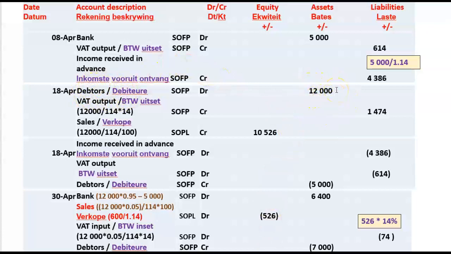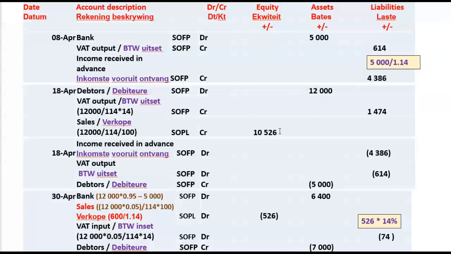That is the cost of the party, VAT inclusive. We're going to take the VAT included in the 12,000 to the VAT output account, which is 1474. And the VAT exclusive amount, i.e. 12,000 divided by 1.14, that is going to go to sales, credit to sales, which is going to increase equity.